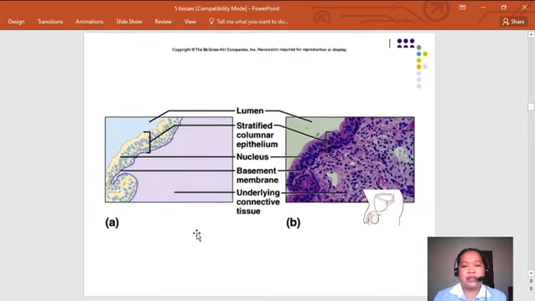And this one, we specifically find in the reproductive parts of the male. So this is the stratified columnar epithelium. Because in the intestines it is simple columnar epithelium.